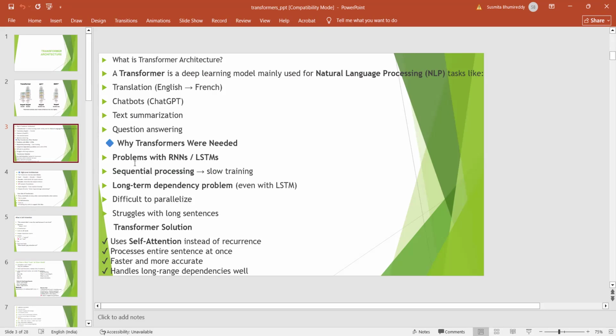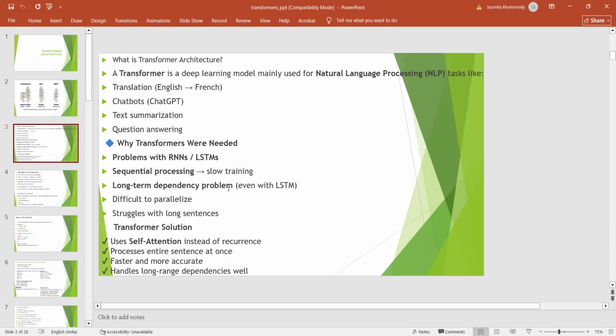So, why transformers were needed: the problems with RNNs and LSTMs, and sequential processing. RNNs have the problem of sequential processing, so they have slow training and long-term dependency problems.